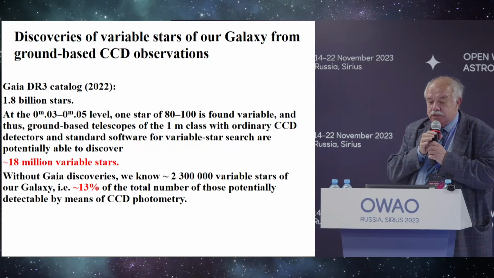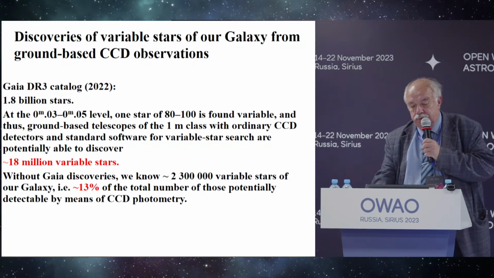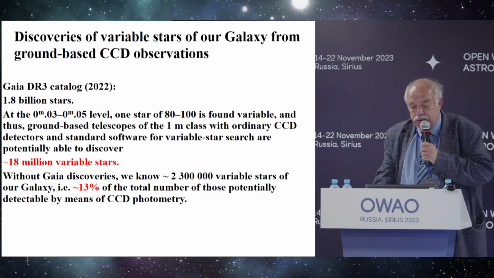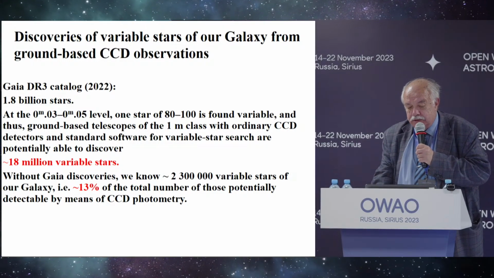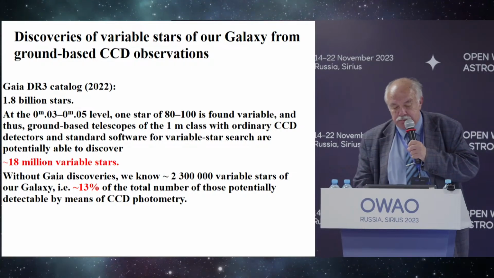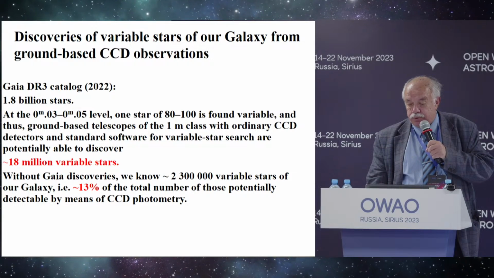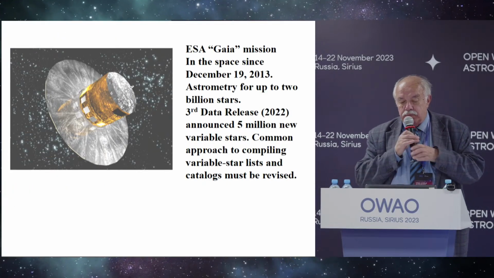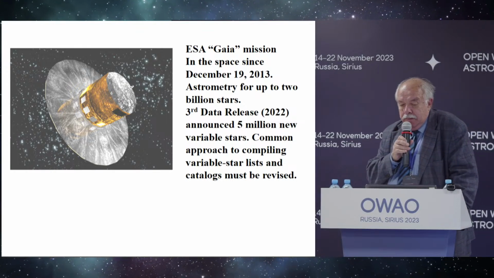And without discoveries of the Gaia project proper, we know, as you have just seen, about 2.3 million variable stars. That is 13% of those potentially detectable by means of CCD photometry. And if we go to space, we will have more and more. This is the Gaia mission.